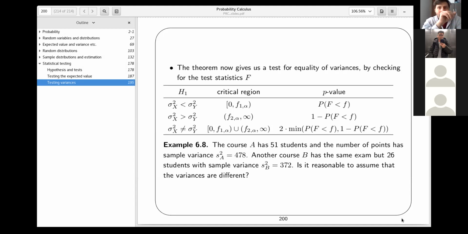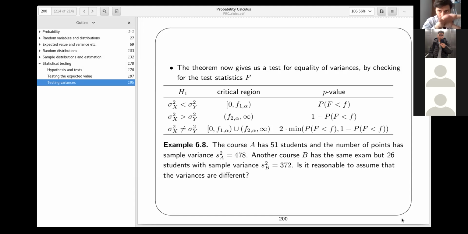Maybe they have taken different courses before, or maybe they have a different kind of basic education. And then we can do something to make sure that the variance is not too large.